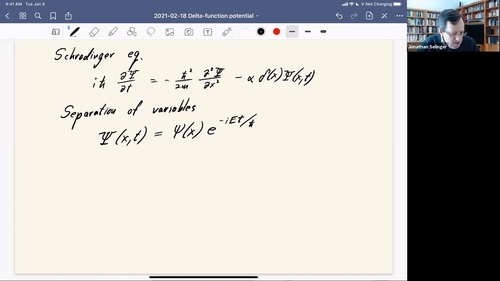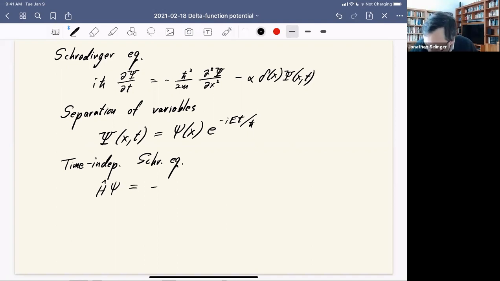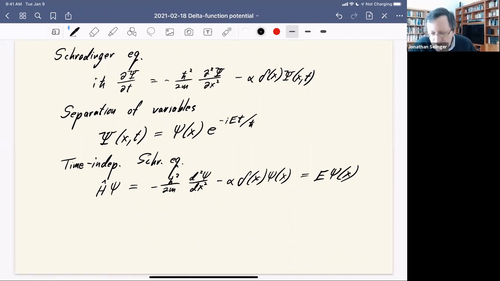Okay, and then this lowercase psi has to satisfy the time independent Schrodinger equation, which is that the Hamiltonian acting on psi, that is minus h bar squared over 2m second derivative of psi with respect to x minus alpha delta of x psi of x, is equal to E times psi of x.